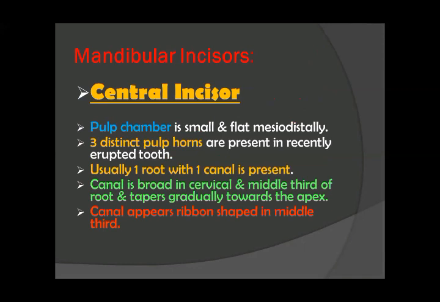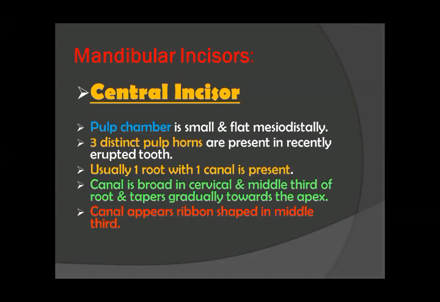Mandibular teeth. Mandibular central incisor: pulp chamber is small and flared mesiodistally. Three distinct pulp horns are present in a recently erupted tooth. Usually one root with one canal is present.